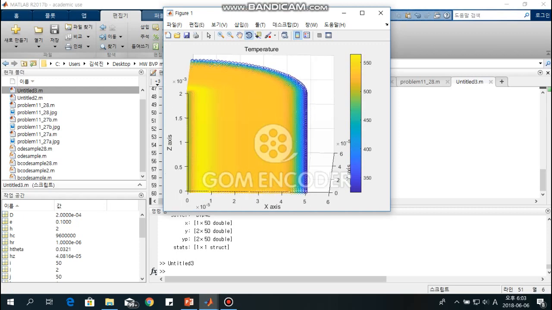This peak will go to the end of the radius and be cut by convection and radiation.